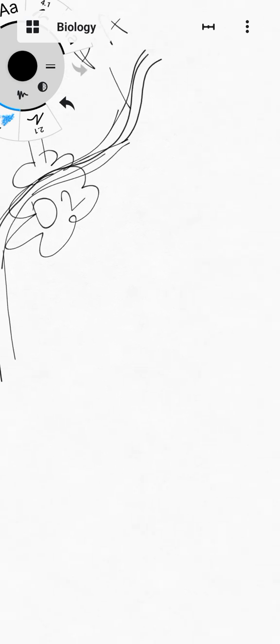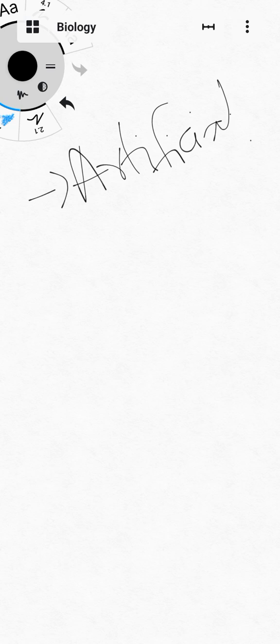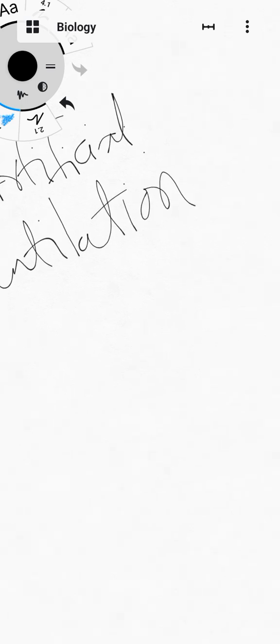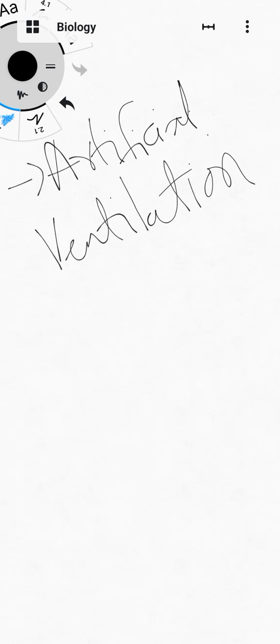Our next topic is artificial ventilation. I said in the very first video that ventilation is a process by which you take in oxygen and take out carbon dioxide, and it includes physical changes in the lungs and the diaphragm, right? So what happens in artificial ventilation?